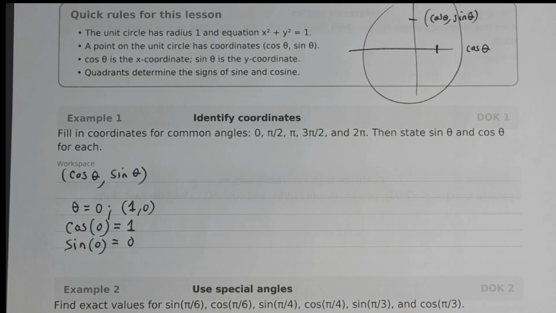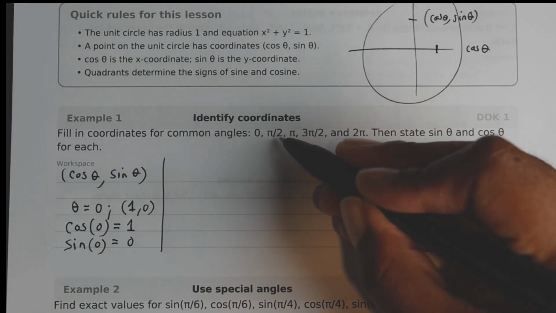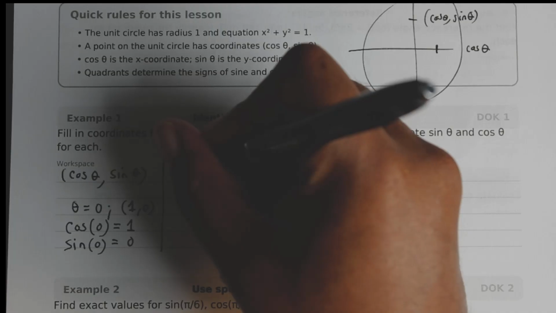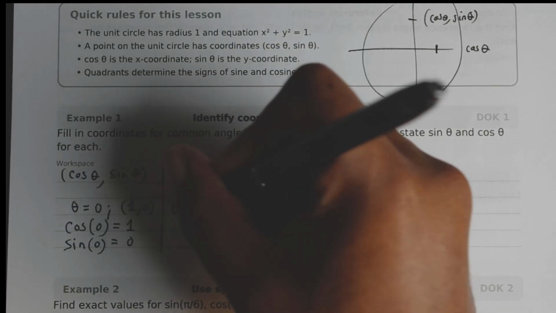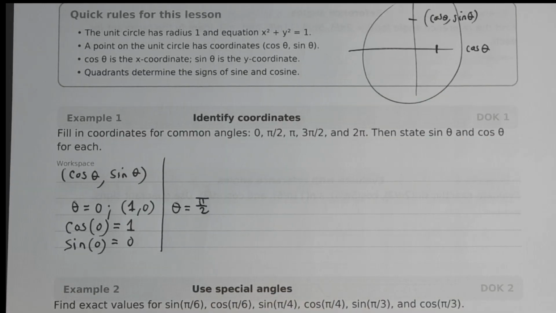Okay. Now let's look at theta equaling pi over 2. Now, pi over 2, that is 90 degrees.